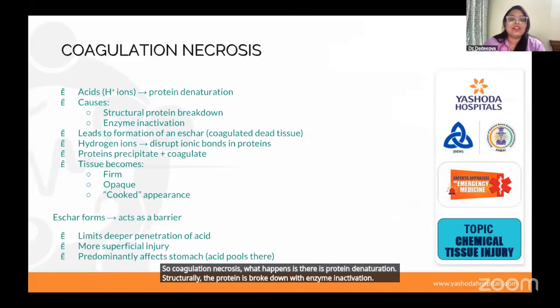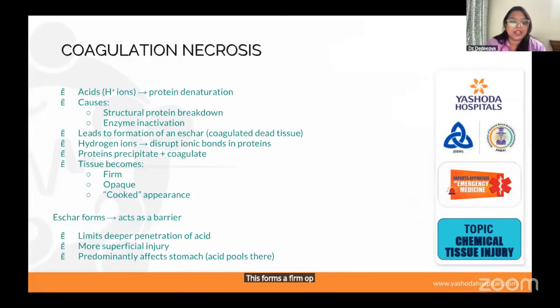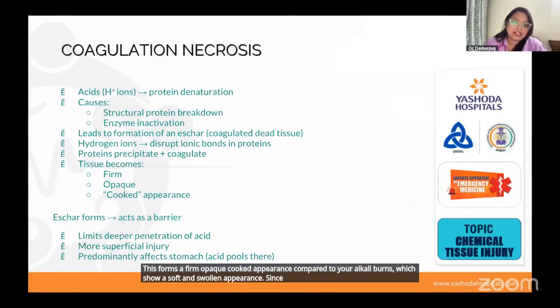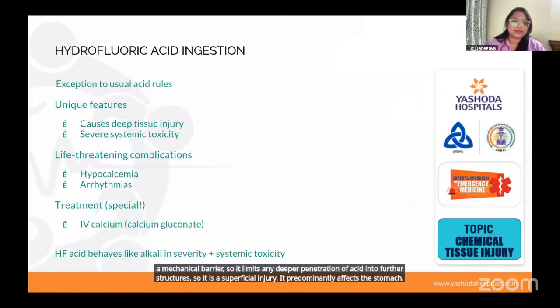This in itself will cause an eschar formation. The coagulated dead tissue proteins also precipitate. This forms a firm, opaque, cooked appearance compared to your alkali burns, which show a soft and swollen appearance. Since the eschar is formed, it acts as a mechanical barrier, so it limits any deeper penetration of acid into further structures. So it is a superficial injury. It predominantly affects the stomach.